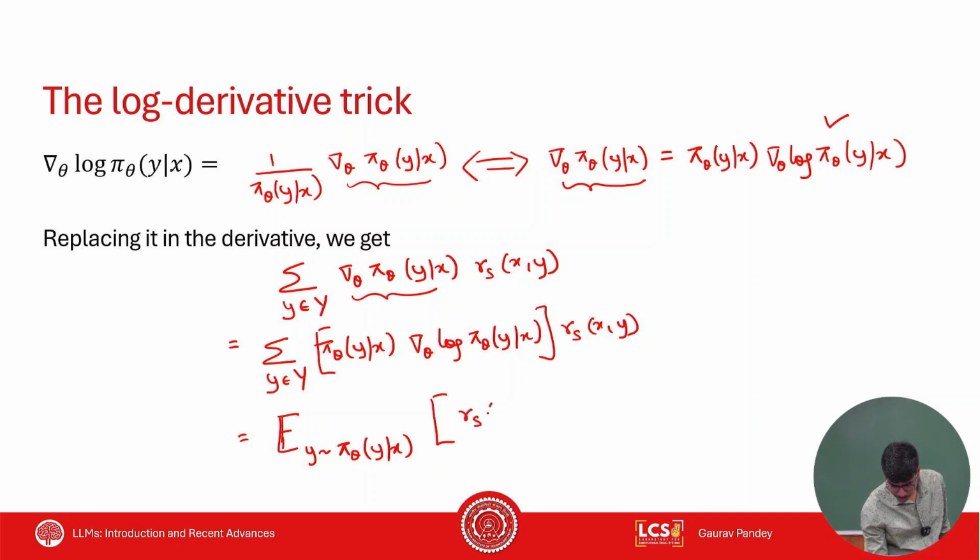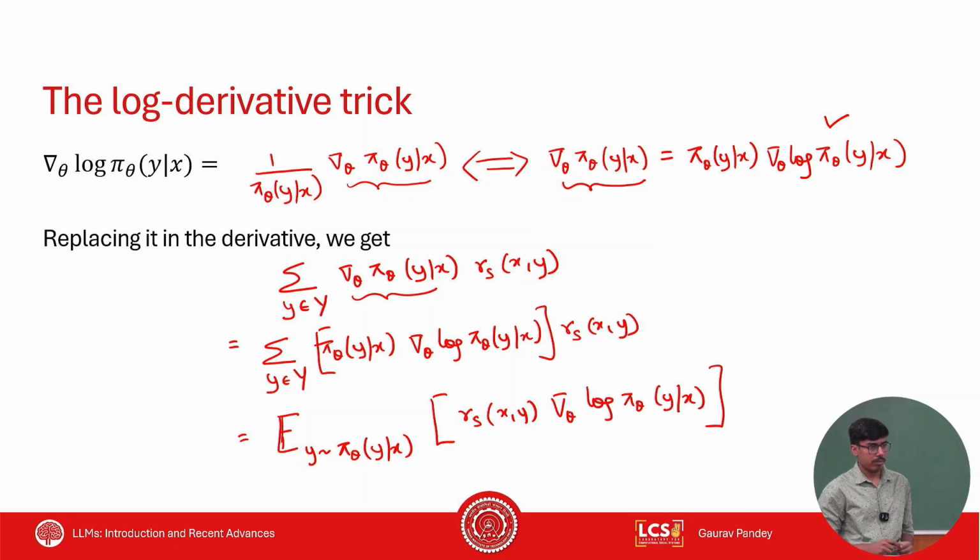So let me write the reward first, times gradient. Is this fine with everybody? So this is the log derivative trick. It's a very small trick, there's nothing fancy about it, but it allows you to compute the gradient using samples.